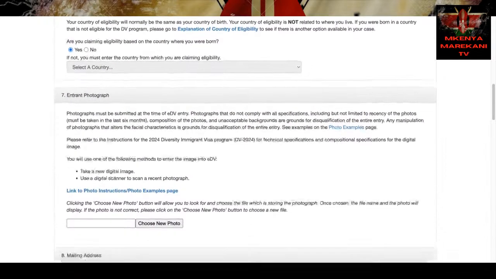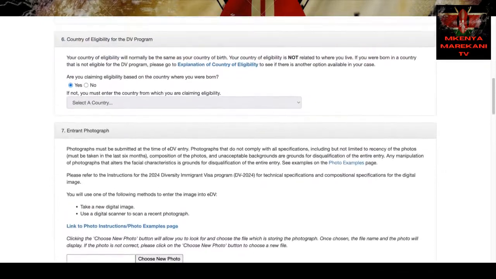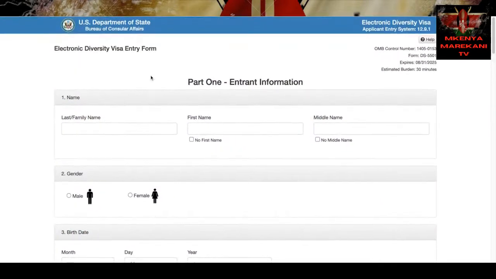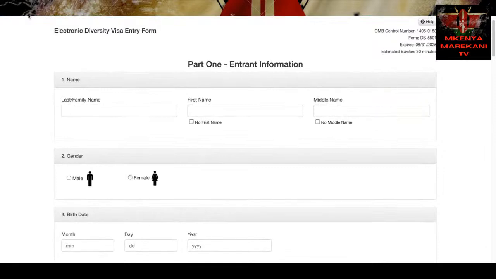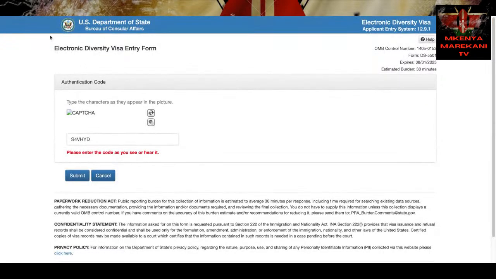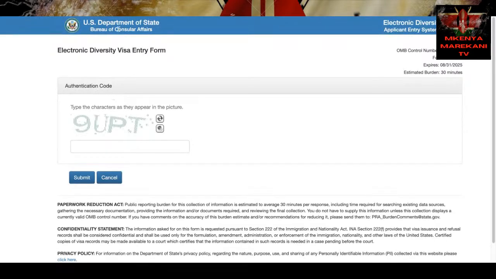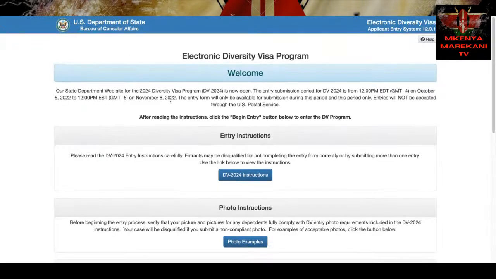instructions so that you can know what is happening in here. Okay, so I'm gonna go back again. Let me just type DV. Yep, there we go.